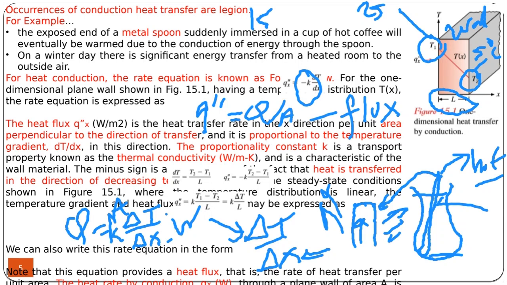And why do you think we have a minus sign here? It's minus K dT over dx, because dT over dx is just the derivative of temperature. So what is the difference between delta T over delta x and dT over dx? Mathematically, what difference do they have? dT over dx is actually delta T over delta x when delta x goes to 0, right?